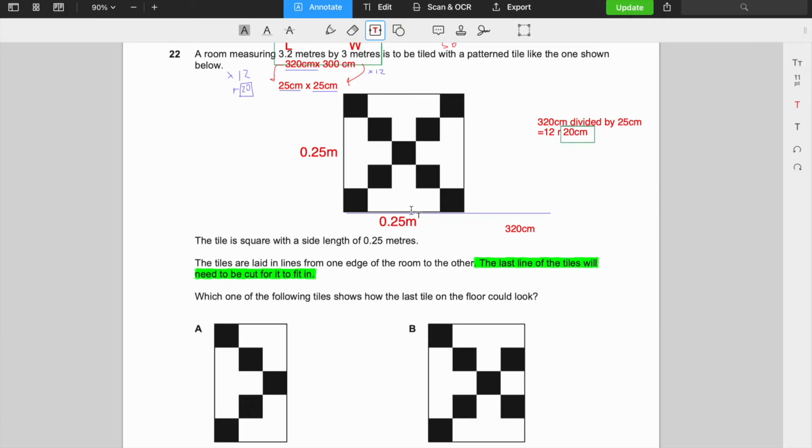So what will that tile look like? If we were to just convert all of this into centimeters, we want it to be 20 centimeters. What is 20 centimeters as a fraction of 25 centimeters? 20 over 25 is equal to 4 over 5. Okay, 20 over 25 is equal to 4 over 5.